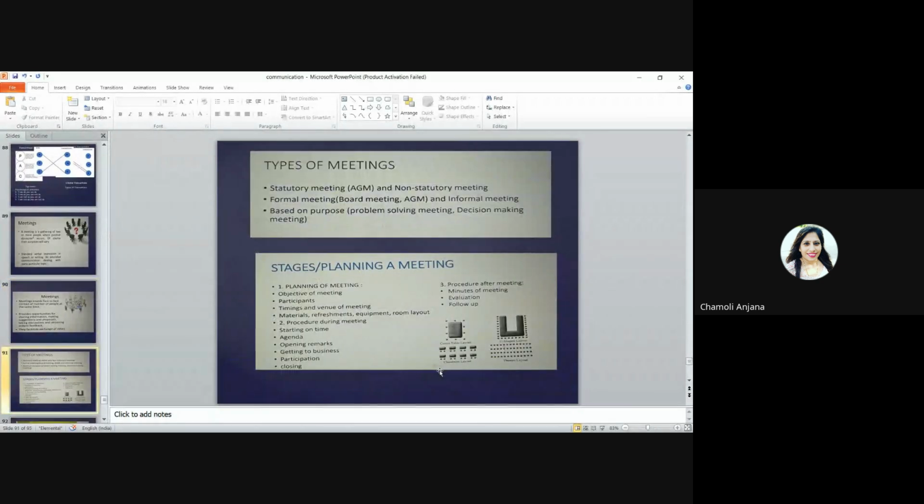So there are different types of meeting. The meeting can be statutory or non-statutory. Statutory meetings are those which are required as per the law. So as per legality, that meeting needs to be conducted. If you take public sector or government organizations, they have shareholders. So they are supposed to conduct the AGM and disclose this information to the shareholders as well.